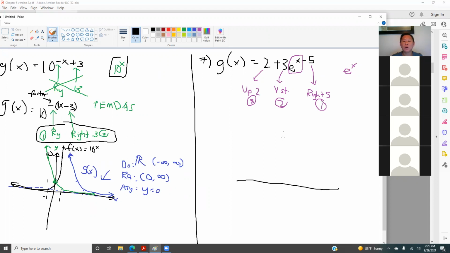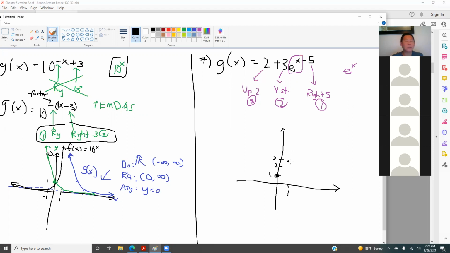So now we need to draw the basic graph of e^x. Okay, this is the basic graph e^x. So it will cross at (0, 1), because when x is 0, y is 1. What happens when you plot x is 1? So e to the power of 1. E to the power of 1 is 2.7 something. So this will be somewhere here.